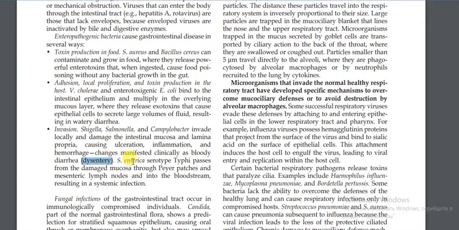Salmonella enterica serotype Typhi passes from the damaged mucosa through Peyer's patches and mesenteric lymph nodes into the bloodstream, resulting in a systemic infection. So you see, they can use our own immune system, our own lymphoid tissue, to penetrate the rest of our body.